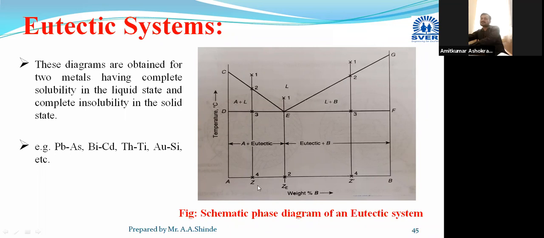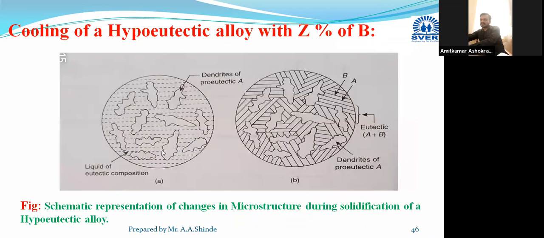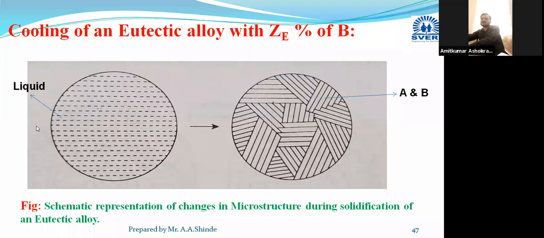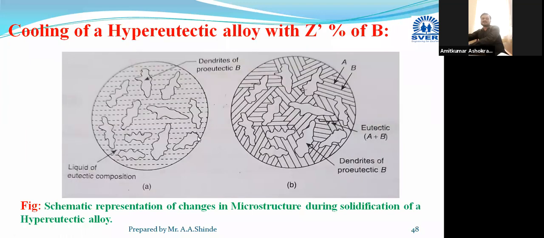Then microstructural changes occurring during the cooling of hypereutectic alloy in this region, along with the microstructural diagrams for each part: hypoeutectic alloy, eutectic alloy, and hypereutectic alloy.